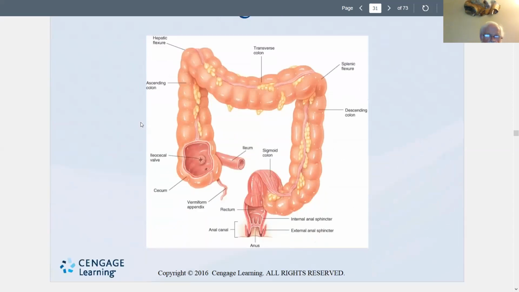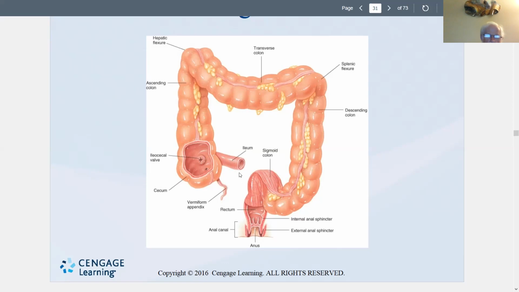So here's again a picture of the large intestine. Again, the ileum, the small bowel, connects here in the cecum area, which is about a 3-inch wide area here through this valve, the ileocecal valve. And here is where the appendix comes off.